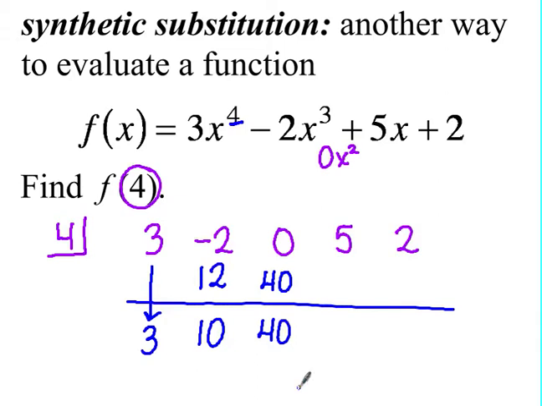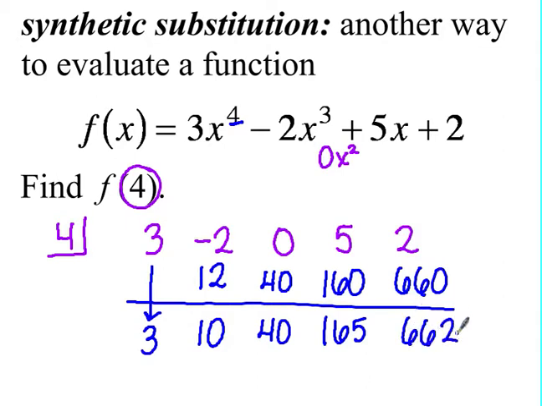Then I take 40 times 4 and I get 165. What is 165 times 4? 660. And then when I add those down, what did we know that the answer was? 662.